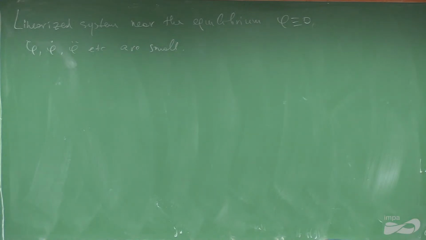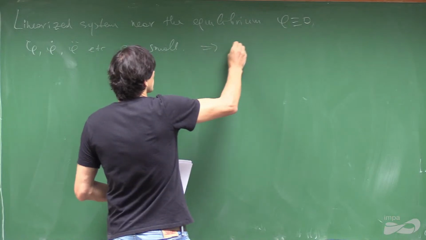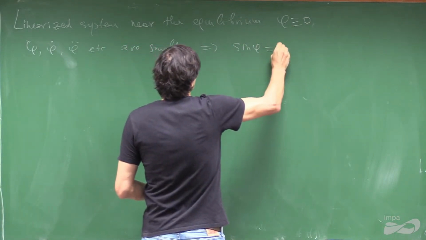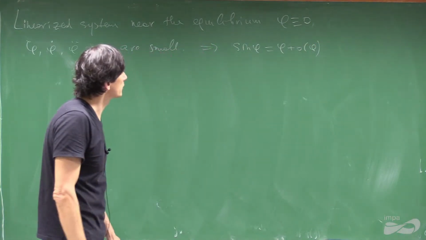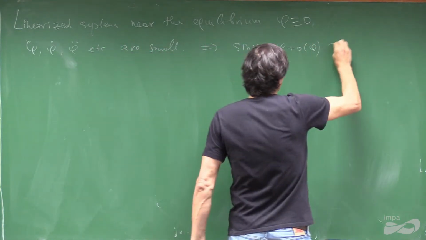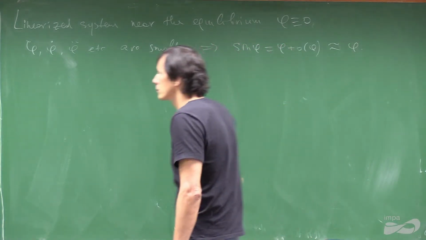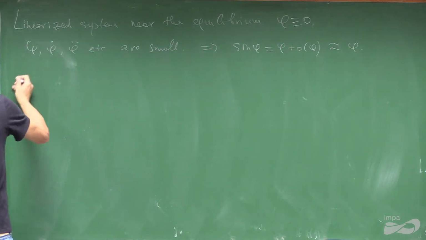And if they are all small, we can expand the sine in a Taylor series and approximate it by the linear term. So we get the linearized system.